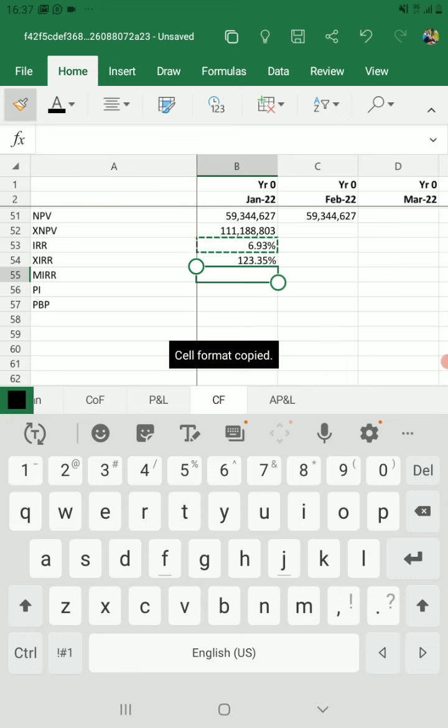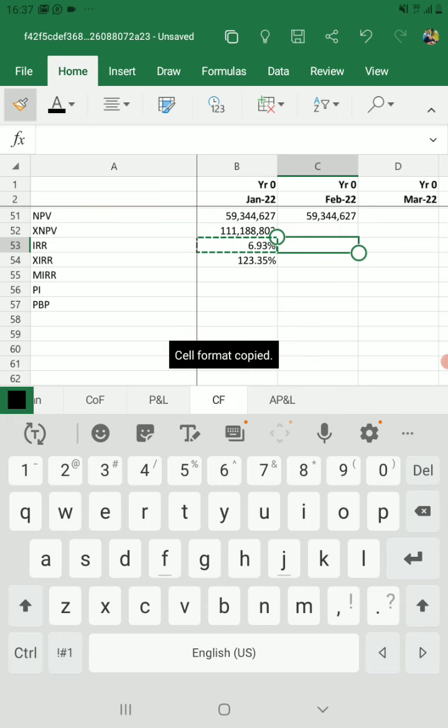IRR, this one is a monthly rate, and XIRR formula gives you the annual effective rate. Okay, so you should note that's why there is a huge difference between IRR and XIRR. Of course, we can reconcile by saying let us change this monthly rate to an annual rate.